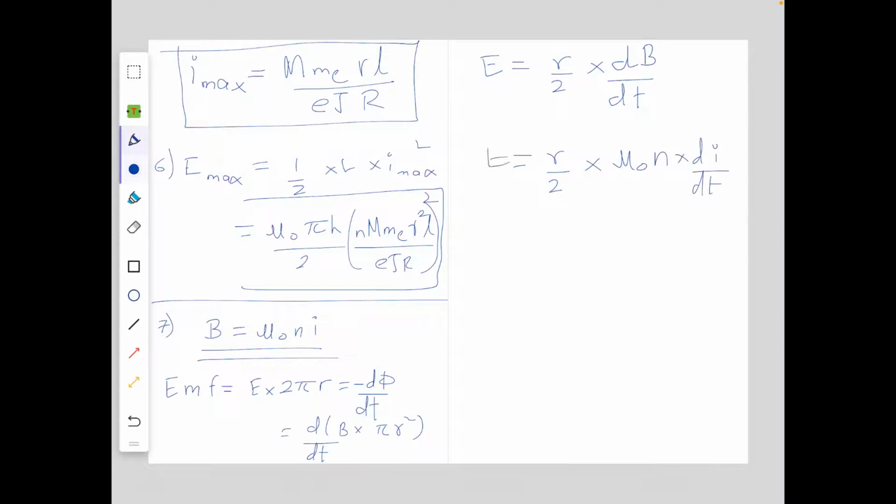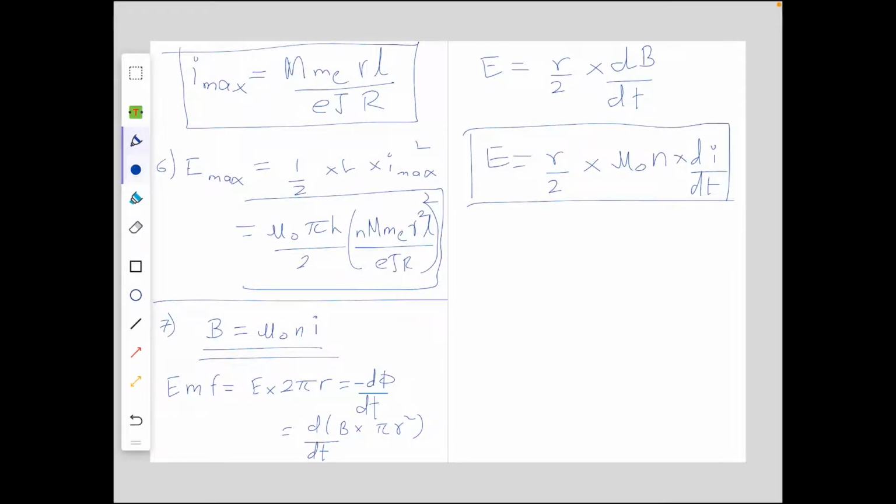This is the electric field at any time t. Let's say this is the coil. The magnetic field will be directed along the coil, and the electric field will be along the tangent to the circle. So these two are perpendicular.